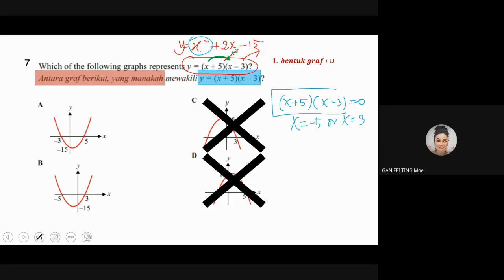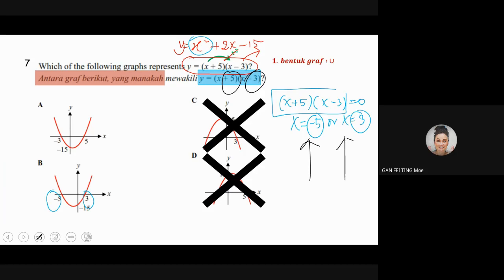So these are the roots. Your roots will be -5 and 3, not -3 and 5. You don't get them straight from the brackets; if you do, then you are wrong. You should get them from the factorization.